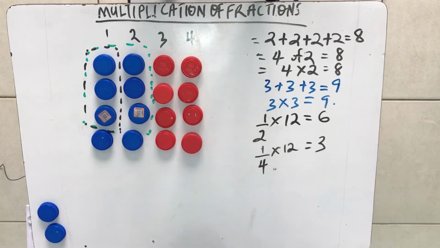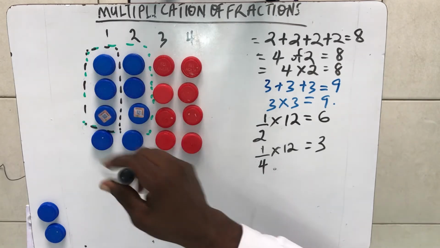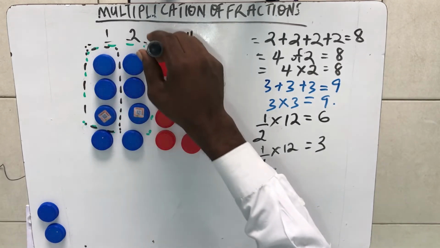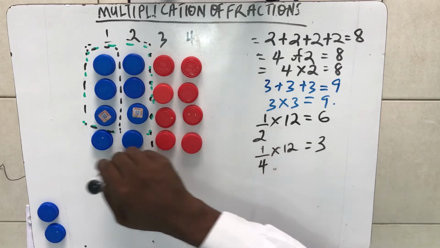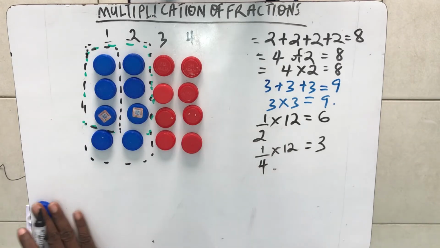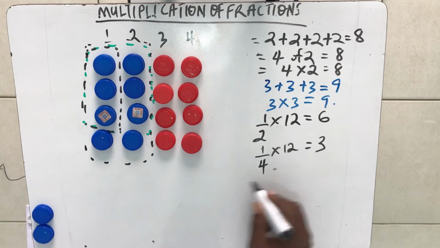If we look for a half of everything here, the half will now look this way.